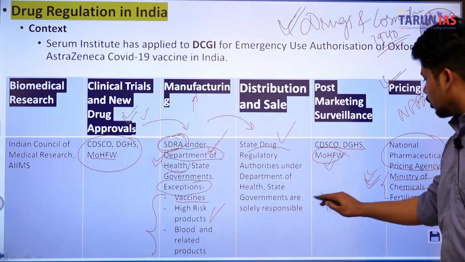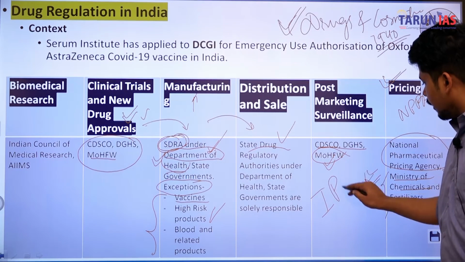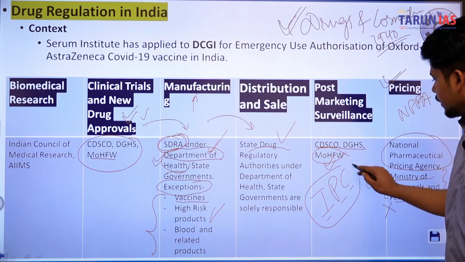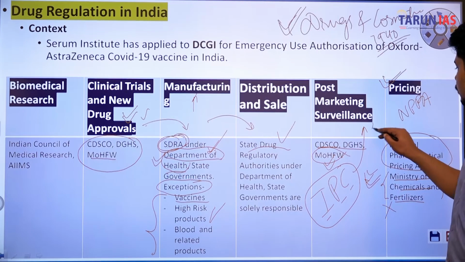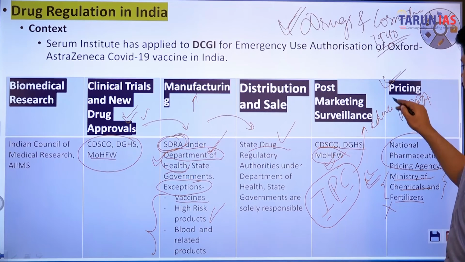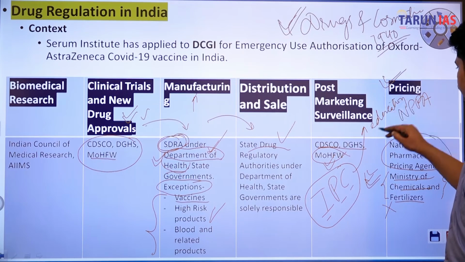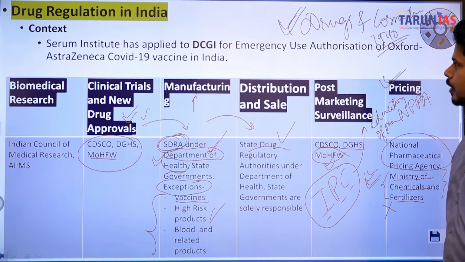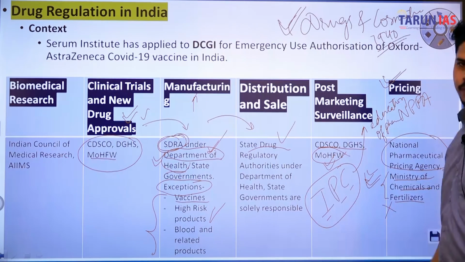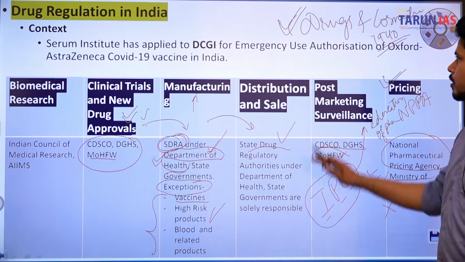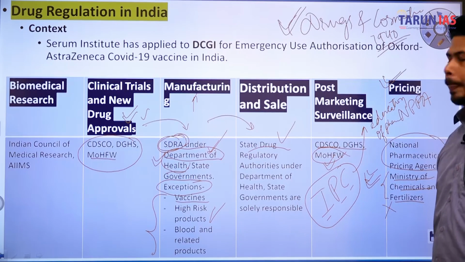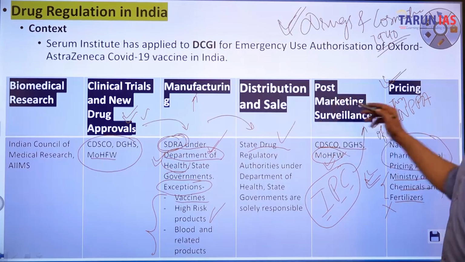There is another body, the IPC, Indian Pharmacopoeia Commission. The Indian Pharmacopoeia Commission basically regulates the education of pharmacy in India. So this sums up the whole process of governance of drug regulation, drug manufacturing and drug sale in India, from biomedical research to its pricing.